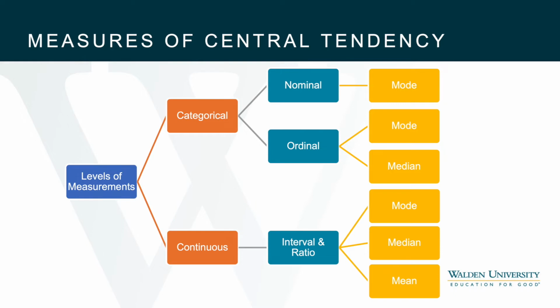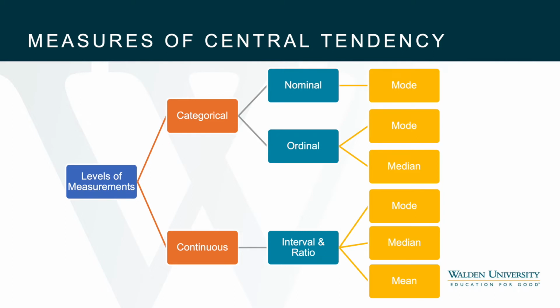That just tells us which group in that variable, which level, is the largest group size. An ordinal variable can be ranked and can be presented with the mode and the median, so we can see where that halfway mark is for those ranked levels in that variable.